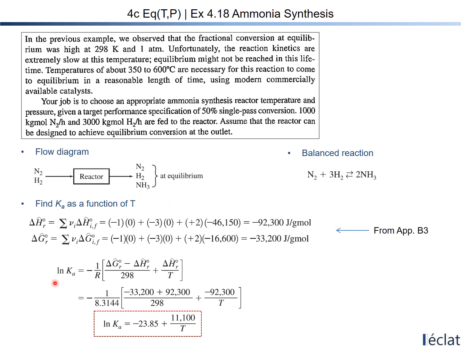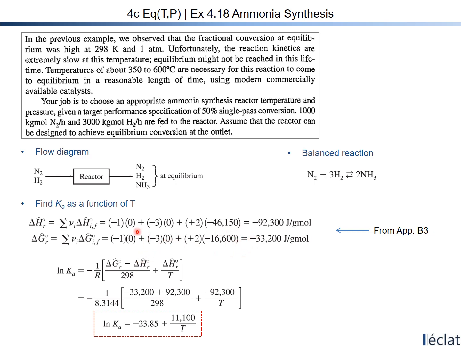So we could use this equation, and the Gibbs free energy of reaction or enthalpy of reaction at the standard state can be calculated from the formation energies in terms of enthalpy and in terms of Gibbs free energy. Those values are given in appendix B, and also you can find those values in the previous example.